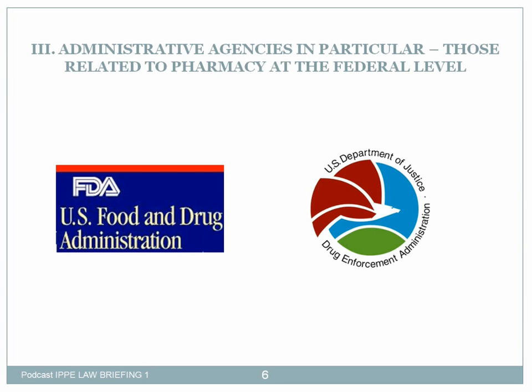At the federal level, probably the two most significant statutes are the Food, Drug, and Cosmetic Act and the Controlled Substances Act. So those are the statutes that are enacted by Congress that provide broad, general rules for which administrative agencies conduct their business.